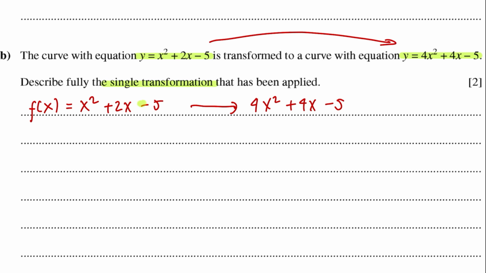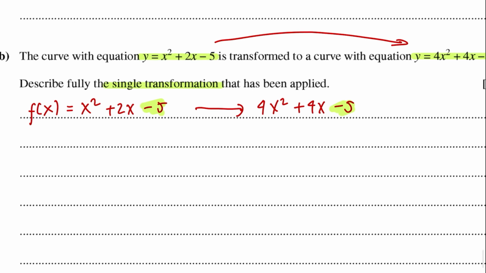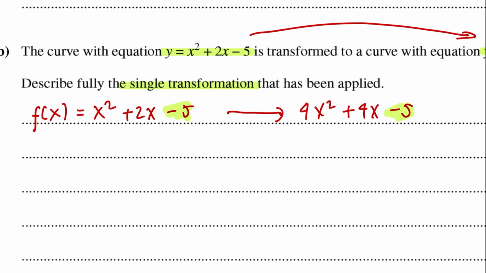If you have this equation, as you can see, the constant doesn't change. Means that we don't do vertical transformation. But if you pay attention, x squared becomes 4x squared. 2x becomes 4x. That means we do horizontal transformation. As you can see, from 2x becomes 4x means that we replace x with 2x.